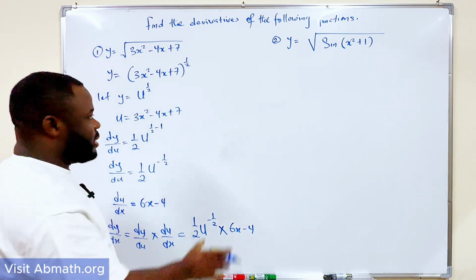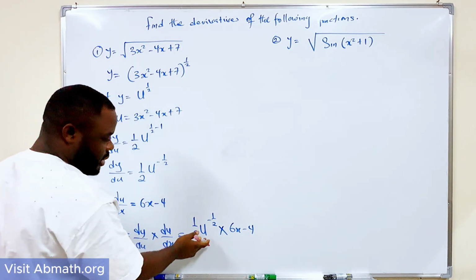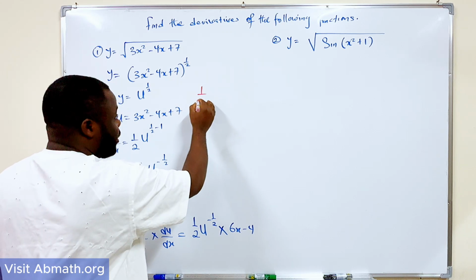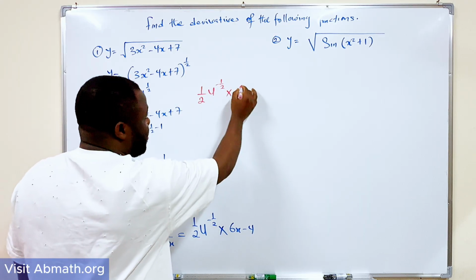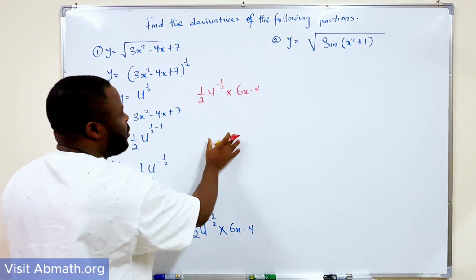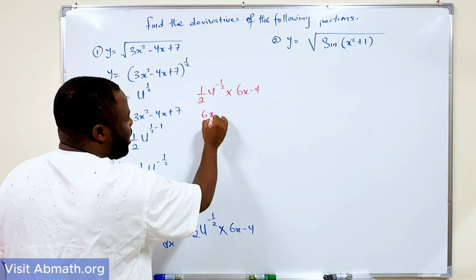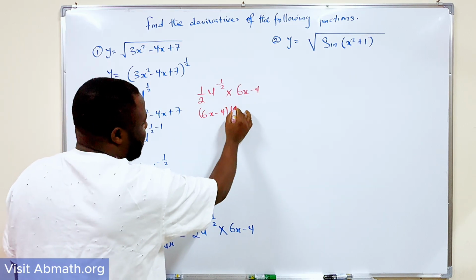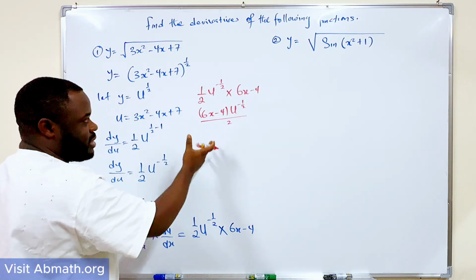Okay, so I'm going to solve it here. Let me rewrite it: 1 over 2u raised to power negative 1 over 2 multiplied by 6x minus 4. So this will give us 6x minus 4 multiplied by u to the negative 1 over 2, then everything over 2. That is what this simply means.